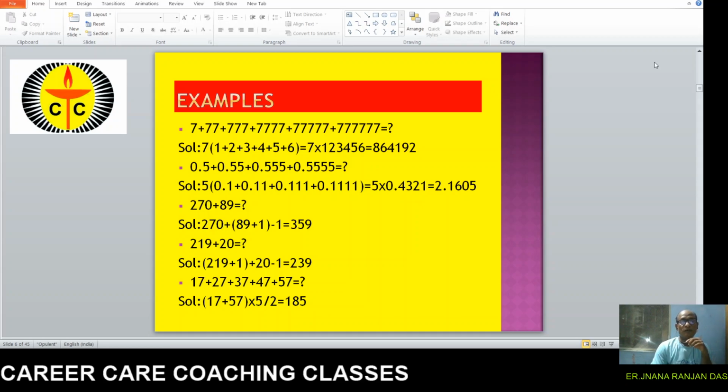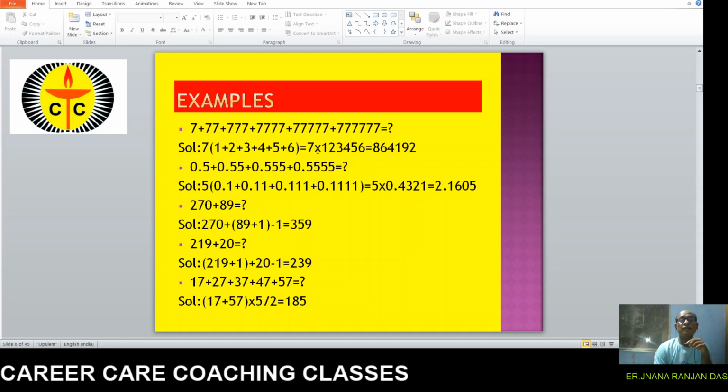For the solution of this type of problem, we can take a common factor from the total expression. We can take 7 as common. Taking 7 as common, the remaining is 1 plus 2 plus 3 plus 4 plus 5 plus 6.